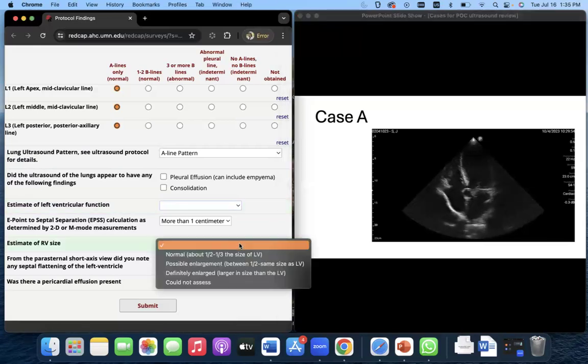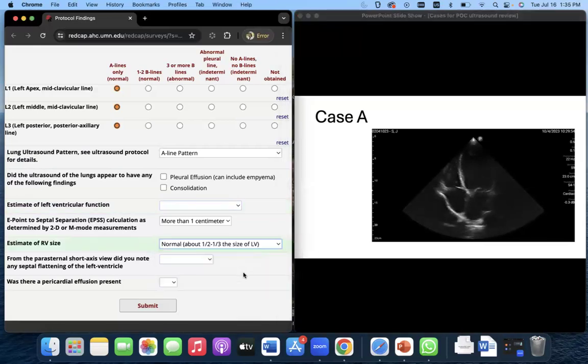The left ventricle does look a little bit large, but that's hard to determine in this view unless it's formally measured. The right ventricle does seem to be moving pretty well. The apical 4 chamber is usually the best way to estimate the right ventricular size, and I agree, the RV looks about half to a third the size of the LV.